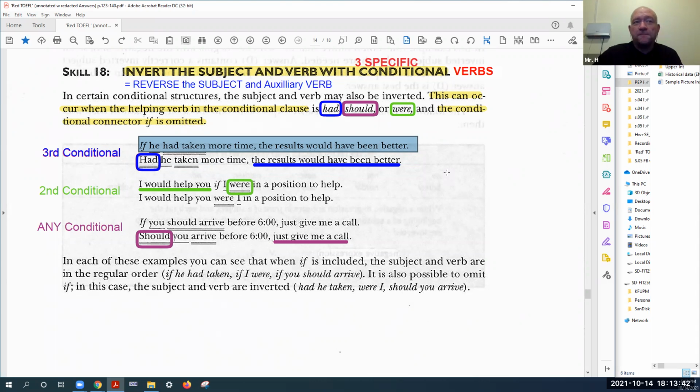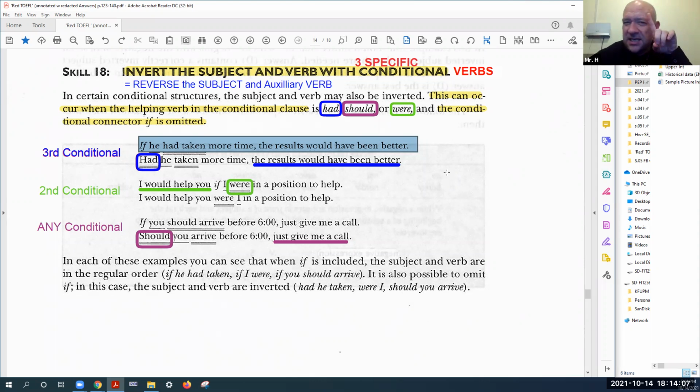What's the difference? We changed the places of had and if. Well, we don't replace if, we just omit or remove it. We remove the connector if.